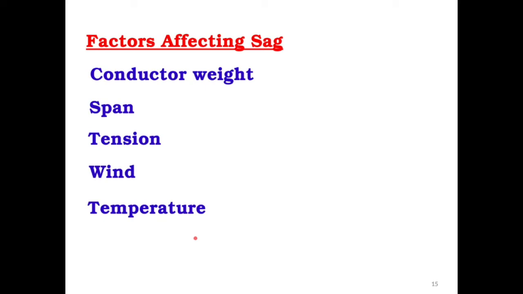The span, if we increase the span, the sag will be more and more. If we increase the tension, then the sag will be less. If we have more wind force blowing onto the conductor surface, then we have increased sag, and the deflection will be happening as well, because wind force acts horizontally on the surface of the conductor.